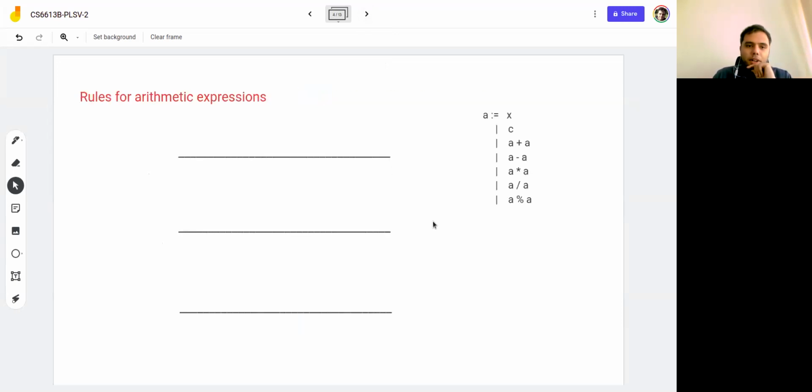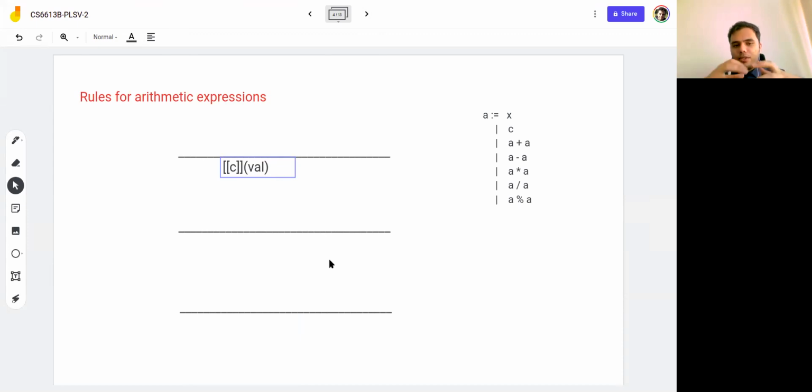Okay. How do we make things formal? Well, until now, the only way that we have is to write rules. So we can write rules for the semantics of arithmetic expressions as well. A simple rule at first would be: if C is a constant expression, what is the meaning of C?